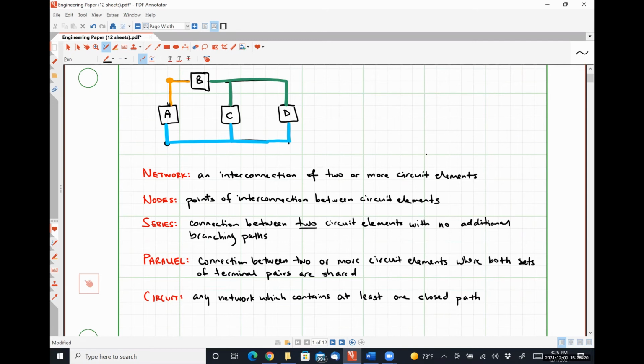How many different loops does this circuit contain? Close, but not quite. 3. Because any closed path is a loop. So let's write that down actually.